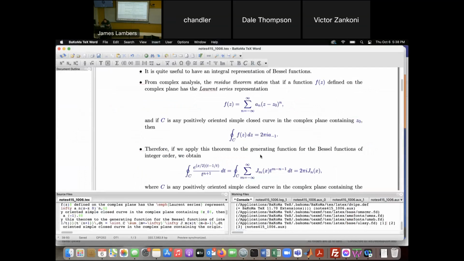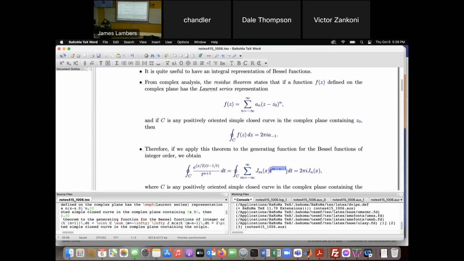Now, okay, so that's what we have here. So Jm times t to the m comes from the generating function, then it's scaled by this. Now, by the residue theorem, the value of this integral will be 2 pi i times the coefficient of this Laurent series corresponding to t to the minus 1.